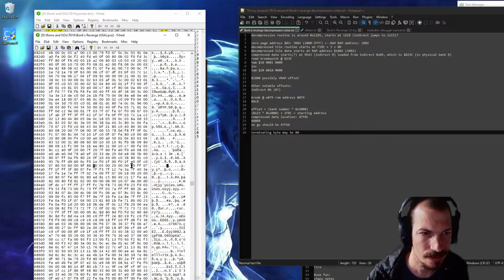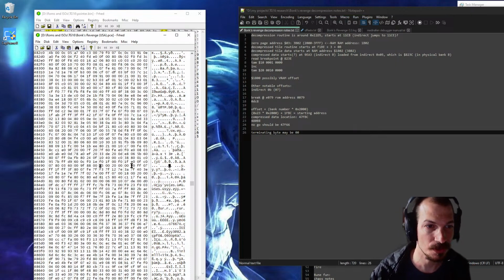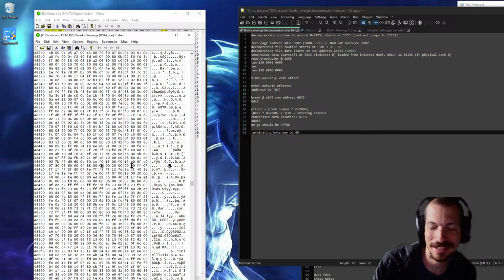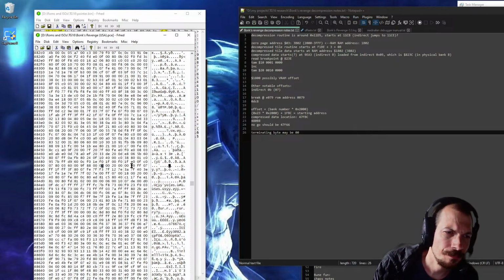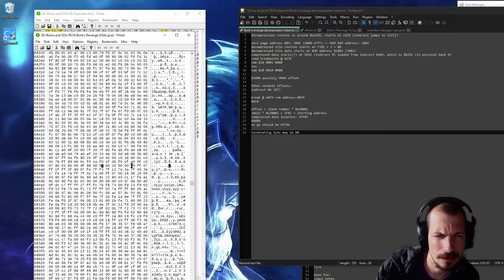So my guess is that the terminating byte is 0, which is a problem, because 0 is often used to fill out blank areas. So that's going to suck. So the terminating byte is probably 0, which is not ideal, but FF is usually better. But then again, FF is fill everything with all ones, but yeah, it's going to suck, isn't it?